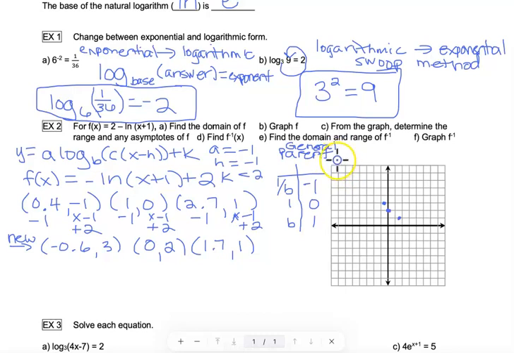So in this case, I'm going to have a vertical asymptote at my h value, and again, it's part of what I'm asked to do. My h value is negative 1. So if I draw my vertical asymptote there, that's going to help me to see the shape because I know that my logarithm is not going to cross that asymptote. So here, sorry that my connecting is sloppy, is what my logarithm looks like.